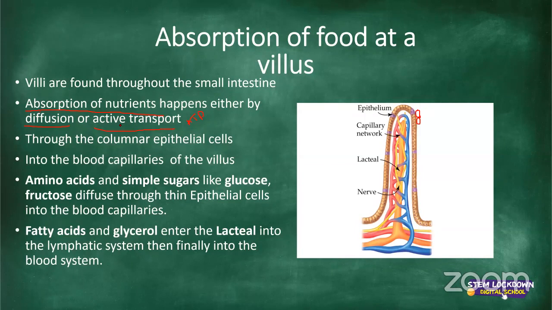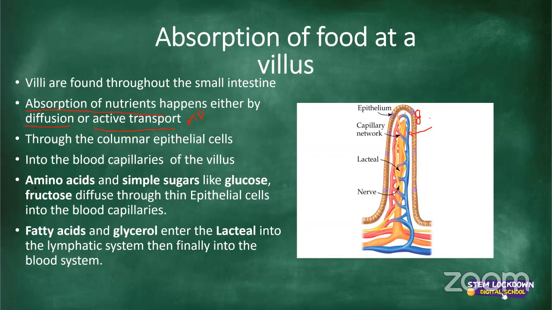So the nutrients will travel from your chyme via your epithelium to your blood capillaries, right? So what are these nutrients that are being diffused or traveling via active transport from your epithelium to your blood capillaries?